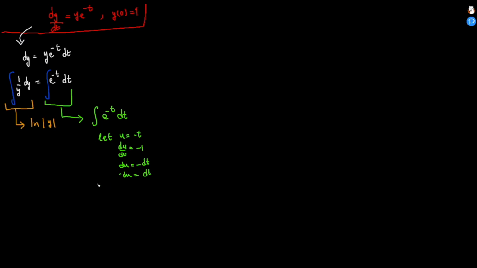Okay, so now we can substitute this in. That gives us the integral of e to the u, and plugging in minus du for dt. We take this minus sign outside, and the integral of e to the u is e to the u, so it's minus e to the u plus c.